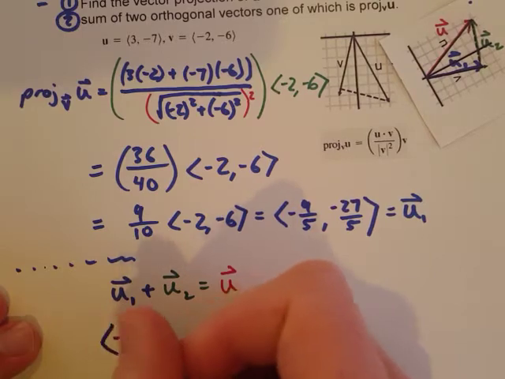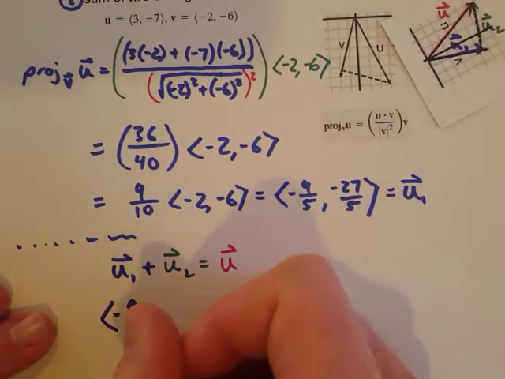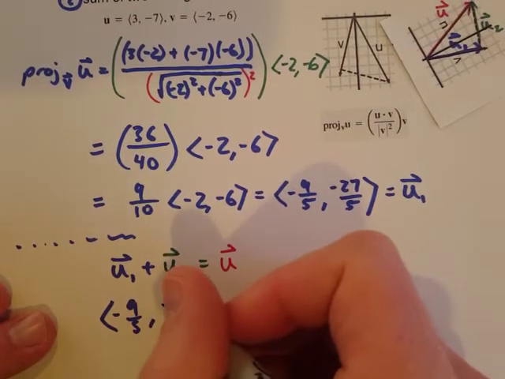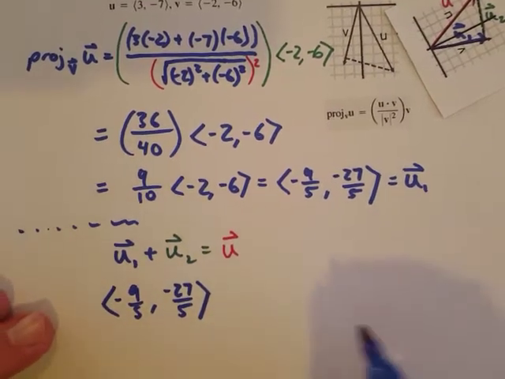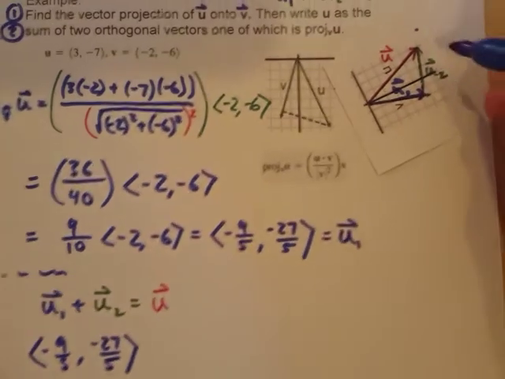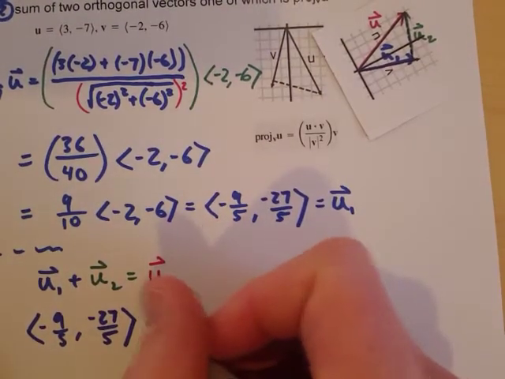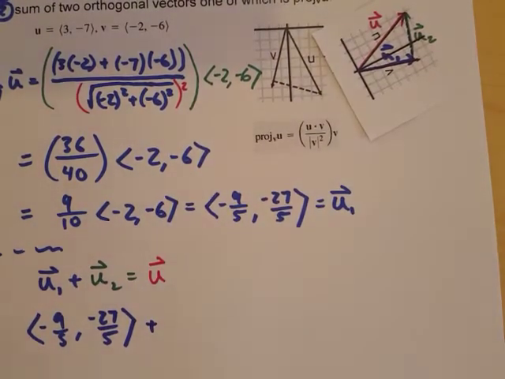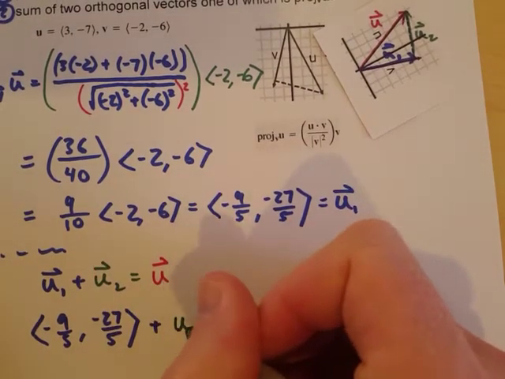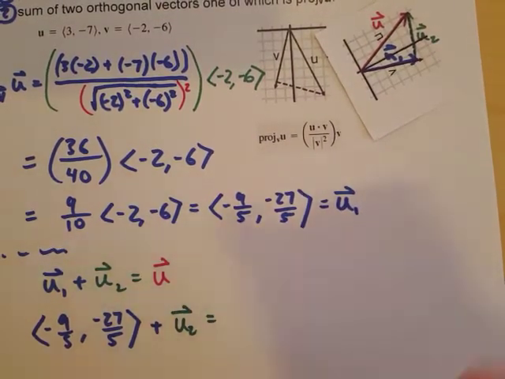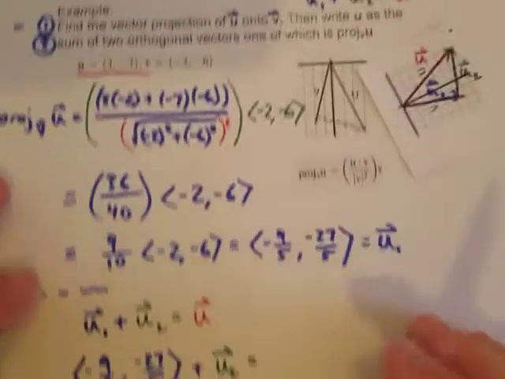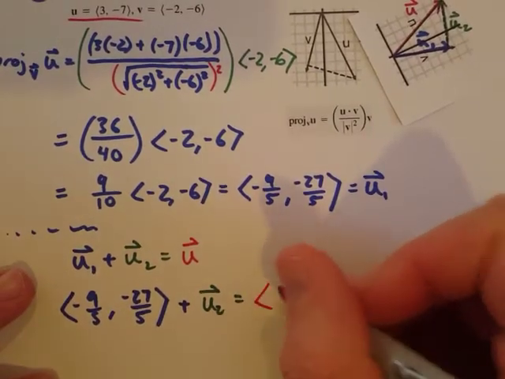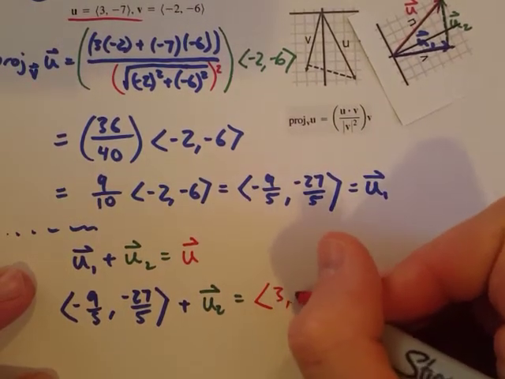That is negative 9/5, negative 27/5. We don't know what this green one is right here. We don't know what that value is, so we're just going to put that in as u2. We do know what the red one is because the red one was given to us at the beginning. That is this original u vector, and so that's going to be 3, negative 7.